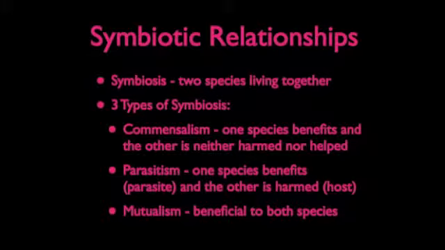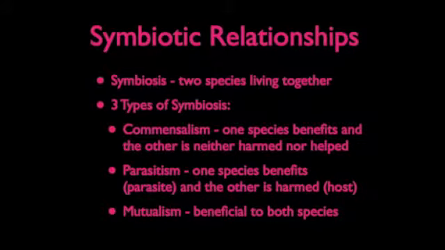The whale doesn't care that the barnacles are on him, but the barnacles are benefiting because it gives them a place to live where maybe they won't be harmed, because who wants to harm a whale or get up close to a whale to harm it? So that is your example for commensalism. There's a lot of examples for all of these, so you can write your own or you can just go with what I said.